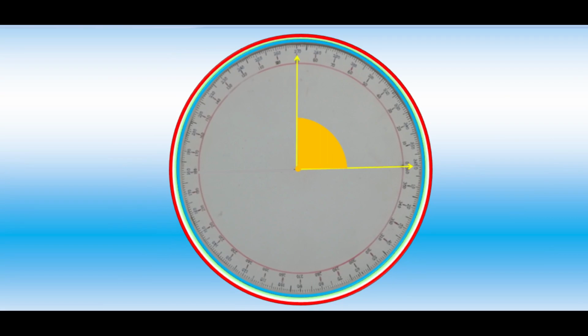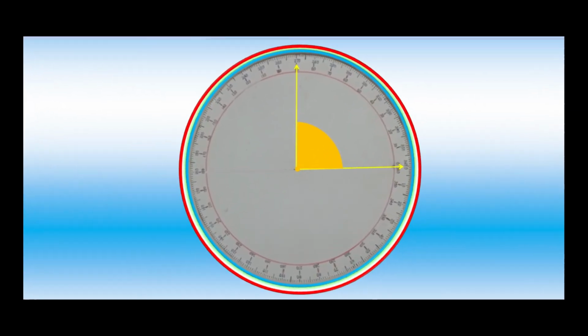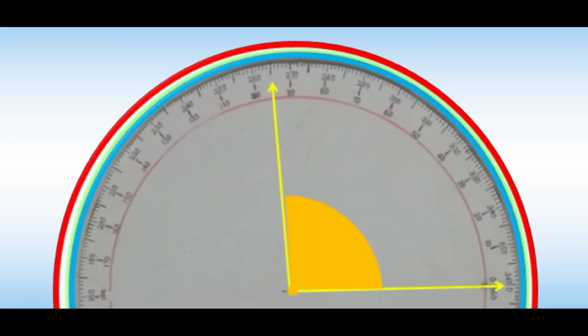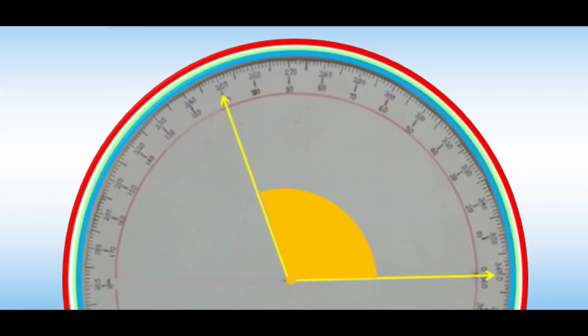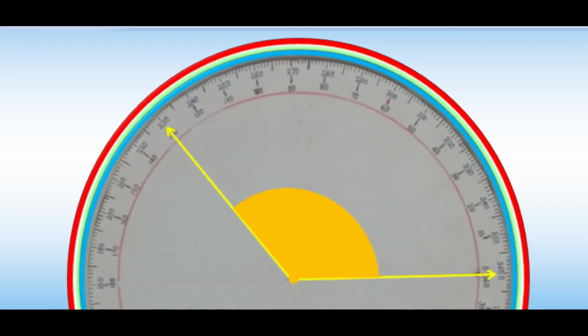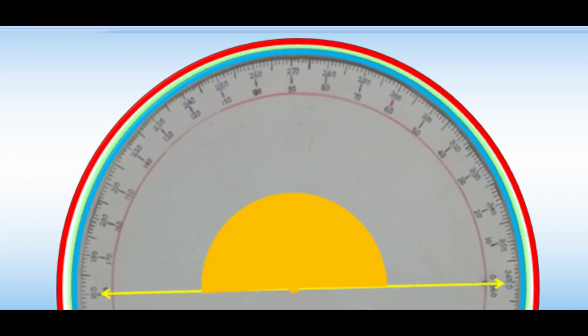When it rotates further, the angle increases through values 91 degrees, 92 degrees, 95 degrees, 100 degrees, 110 degrees, 120 degrees, 130 degrees, 140 degrees, and so on, and becomes 180 degrees when the second arm directs opposite to the first arm and both the arms make a straight line.